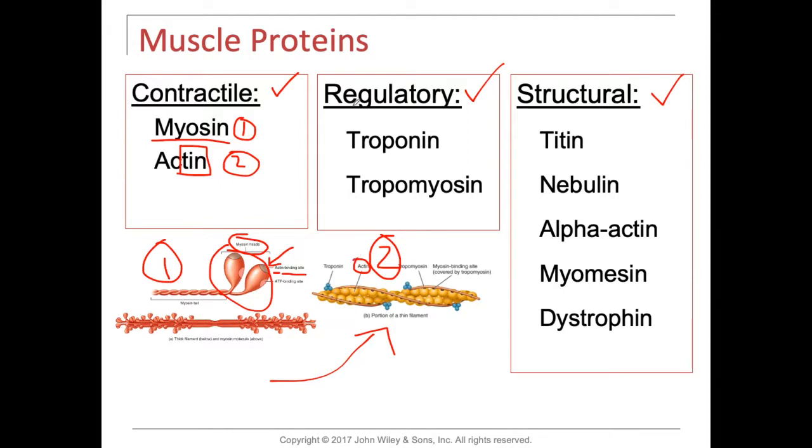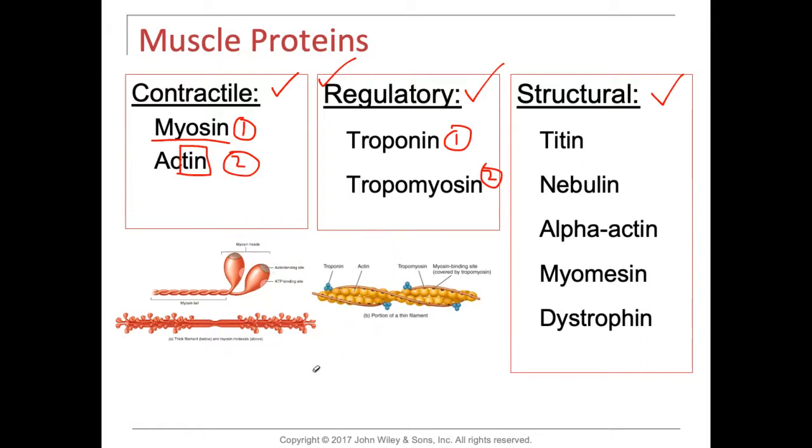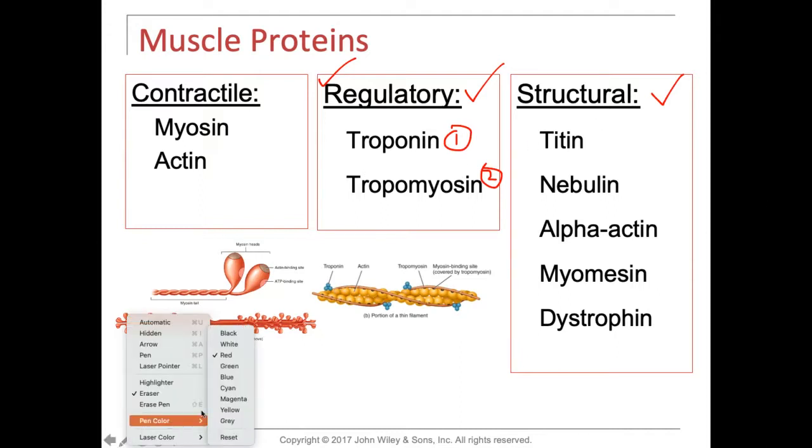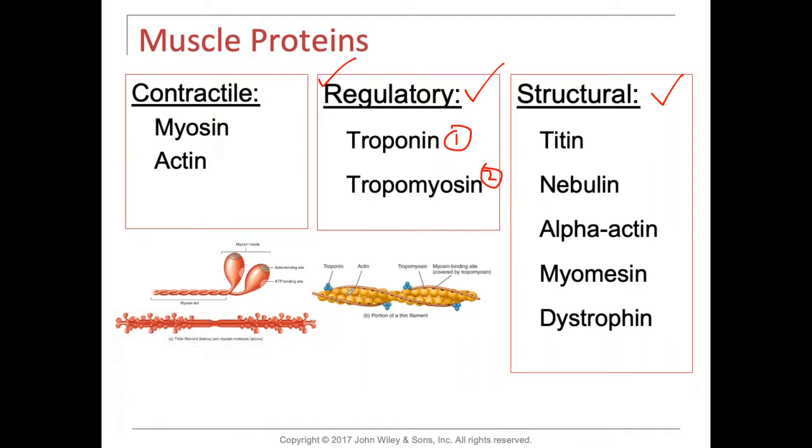And actin has some regulatory proteins. One is called troponin, and the other is called tropomyosin. Okay, let me see if I can erase a little bit here. So now we're looking at the regulatory proteins on actin.